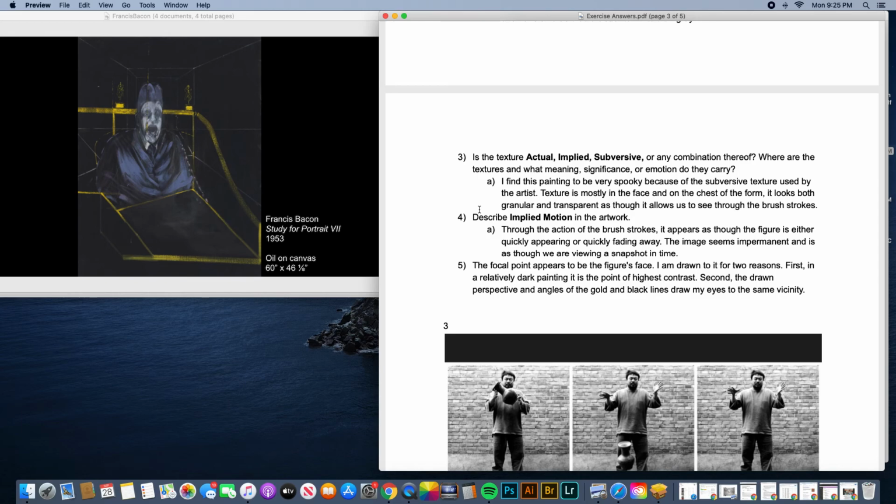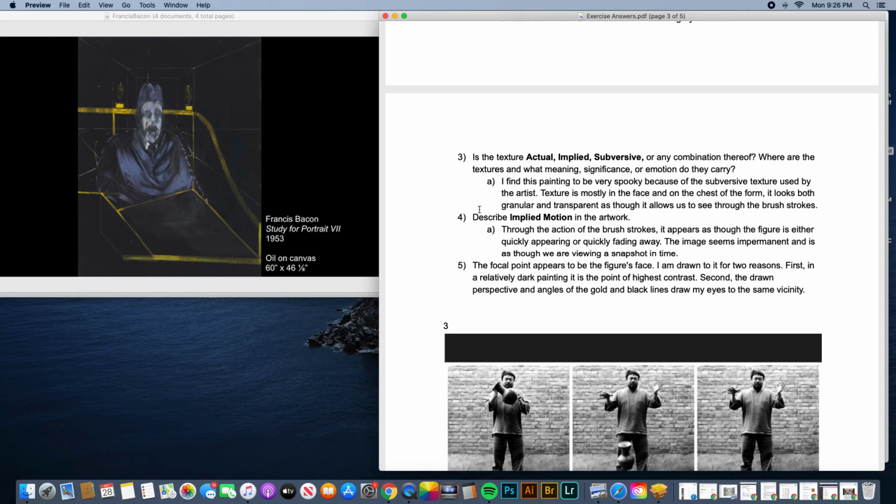Subversive texture is texture that is gross or leaves you feeling icky, or is meant to evoke an emotion, specifically a negative emotion. Because I wrote, I find this painting to be very spooky, this is me explaining an emotion and how I feel when I look at the painting. That is subversive.